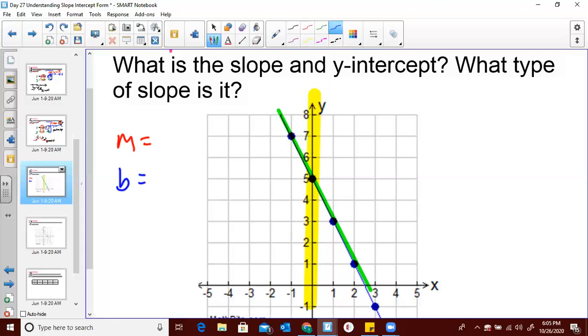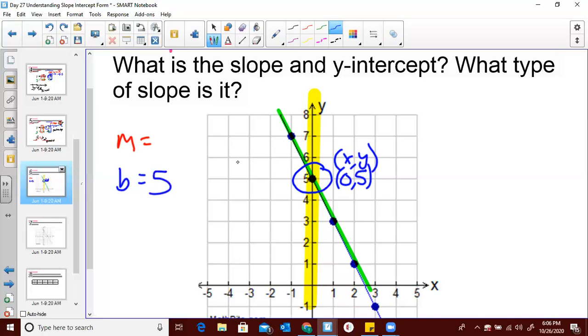Right, and it crosses it right here where y equals 5. And we know that this point, if we were doing it as a coordinate pair, would be x is 0 and y would be 5, right? Because we have x and y. So our y-intercept is just going to be 5.